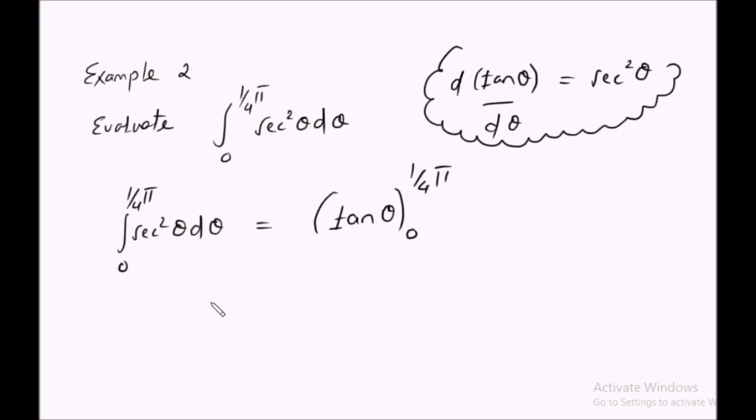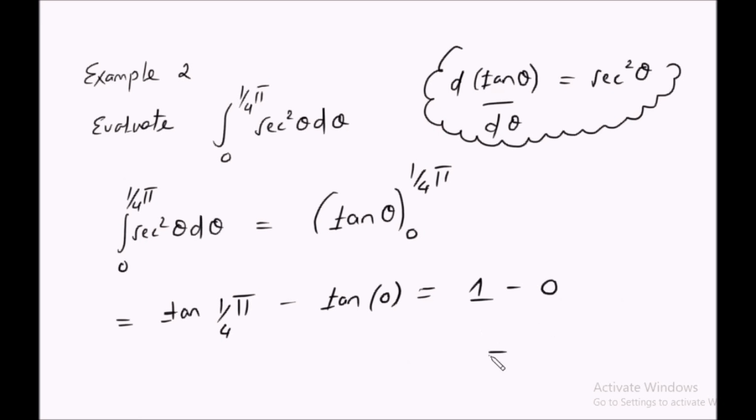So this now it just becomes, as usual, naingiza hiyo upper limit hapo kwenye theta na minus lower limit pia naingiza hapo, tan 0. So hizi kumbuka ni radians, okay? So 1/4 pi ni kama 45 degrees. So tan ya 45 degrees ni 1, tan ya 0 ni 0.